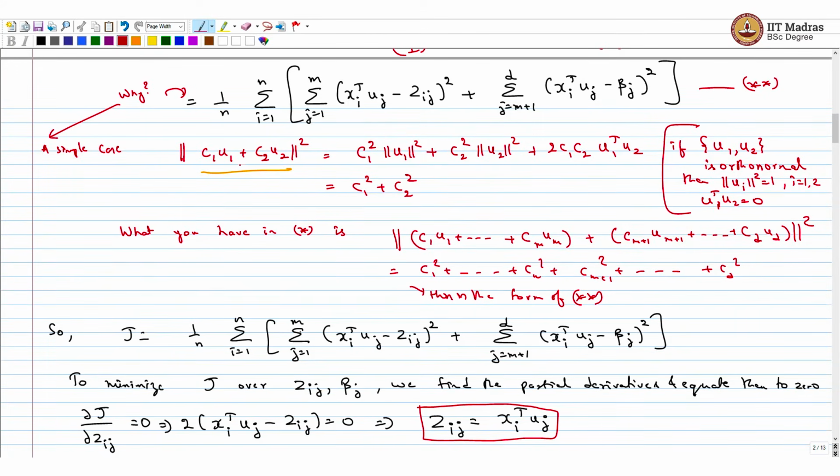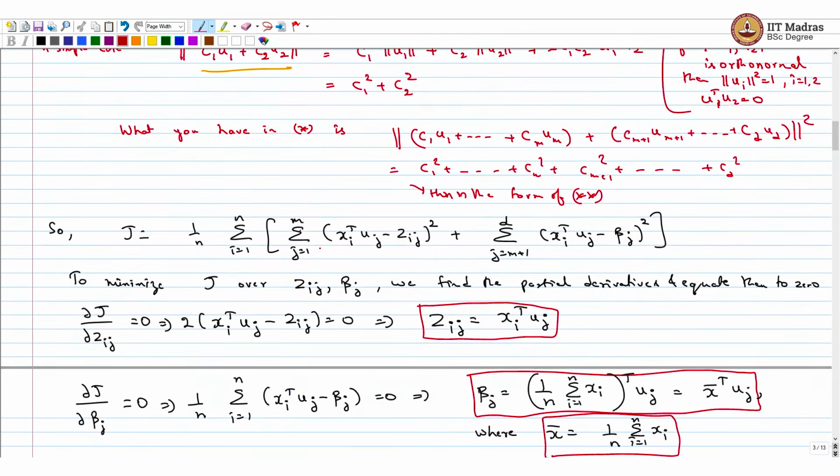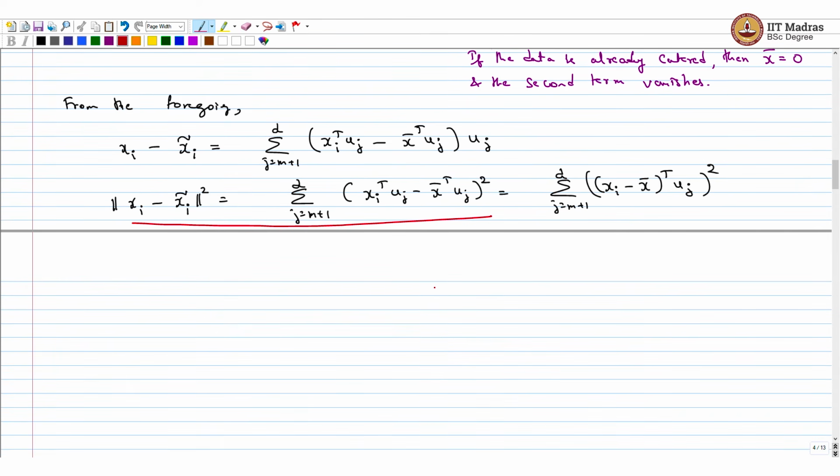When you take the square, you get the individual coefficient squares, and the individual coefficients are xi transpose uj minus x bar transpose uj. So it will be the sum of squares of these coefficients, simply because again you have an orthonormal set. um plus 1 until ud is still an orthonormal set.